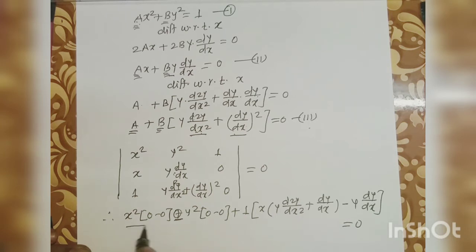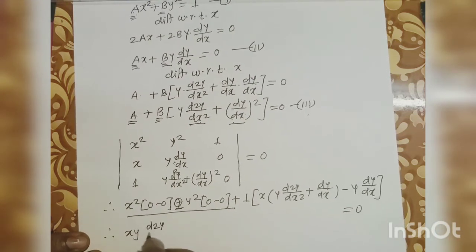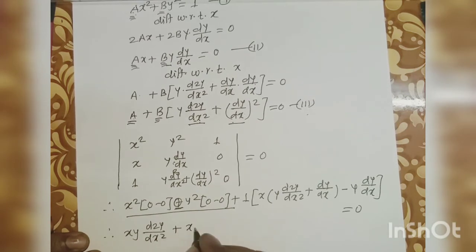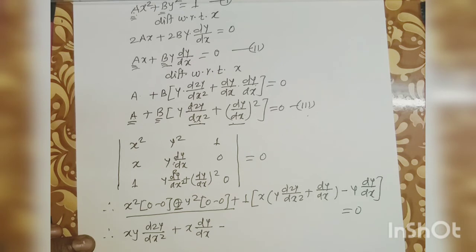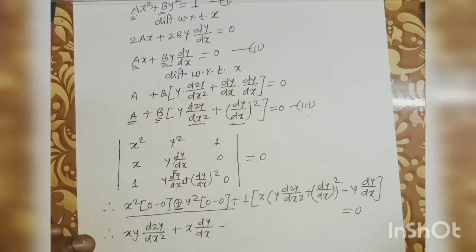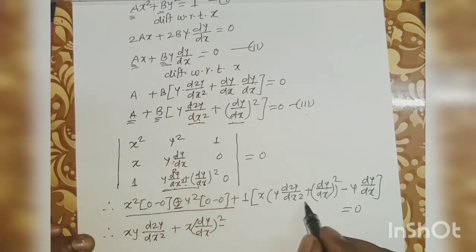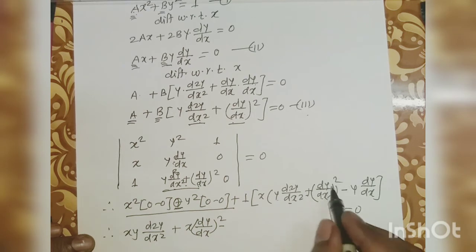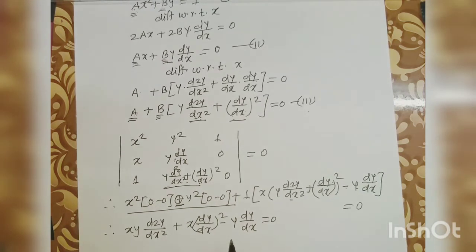The first two terms are 0, the remaining terms are xy d2y by dx square plus x dy by dx bracket square minus y dy by dx is equal to 0, which is the final answer.